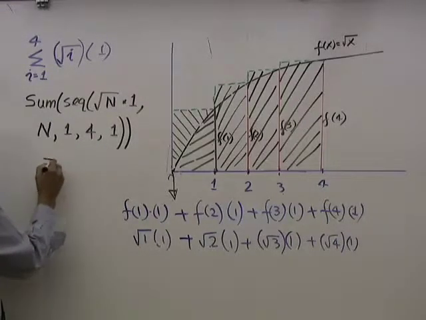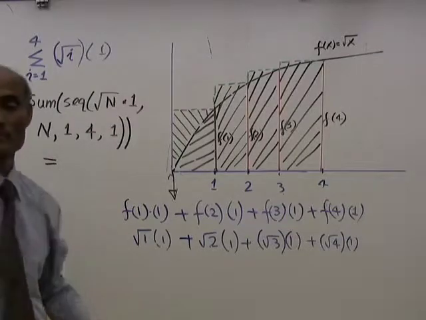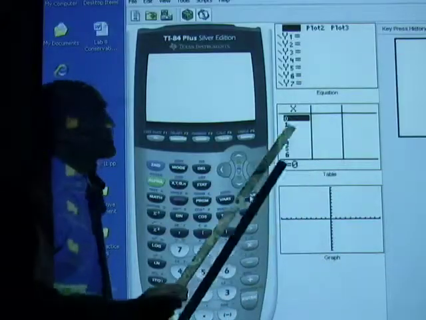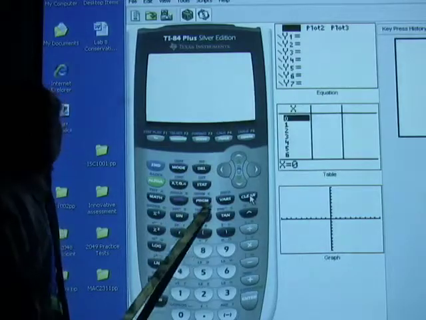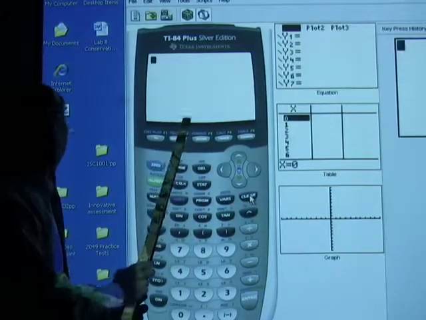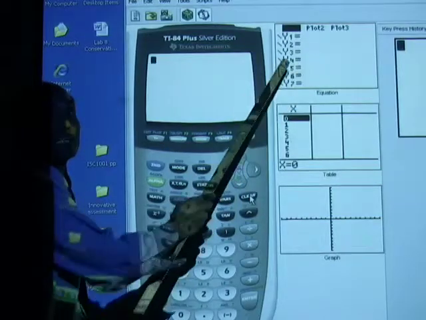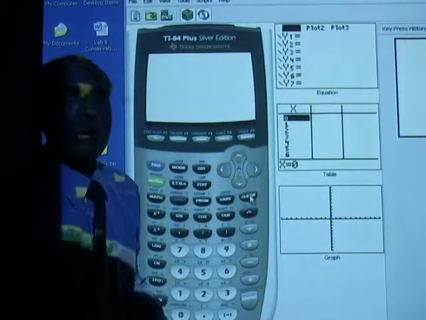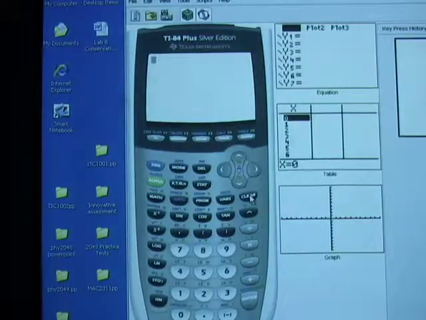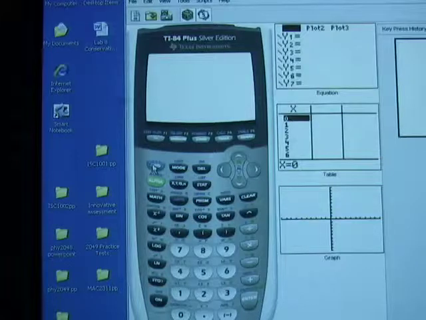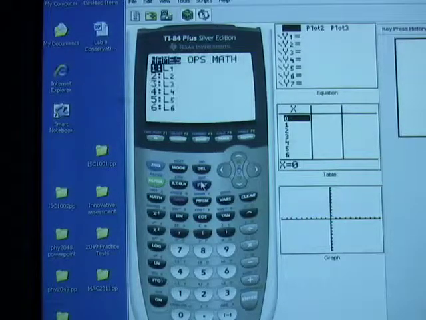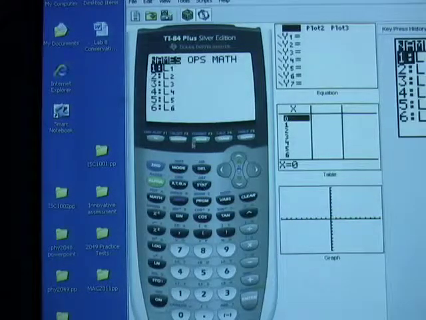Alright, let's now try to enter this in the calculator. When I explain the various keystrokes, watch the motion of the mouse and watch the screen. Okay, now sum sequence is obtained. Press second stat, which brings this in, and move 2 steps to the right to choose math.